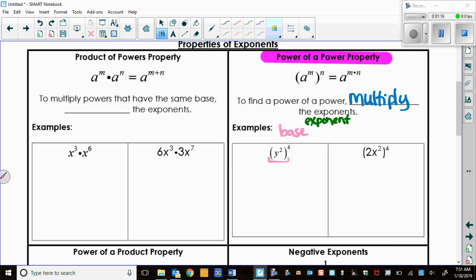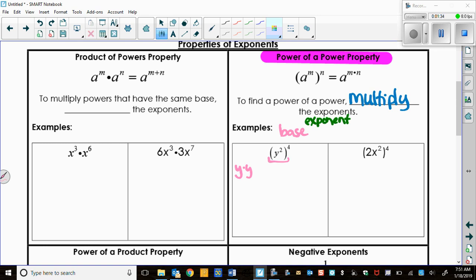Right now, y to the second power will look like this, y times y. But if you were to copy and paste like you would in a document, this exact term is going to be there 4 times. So let me show you that.